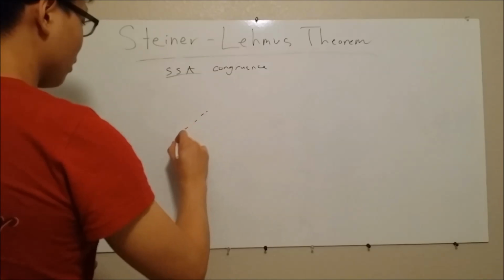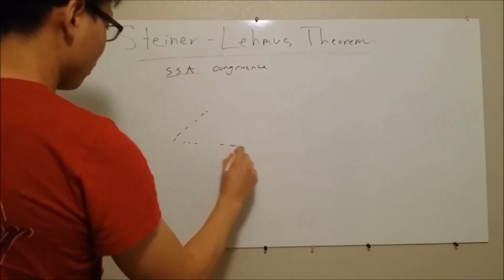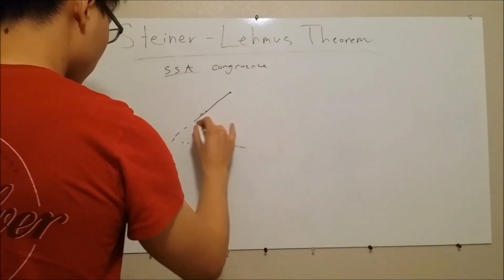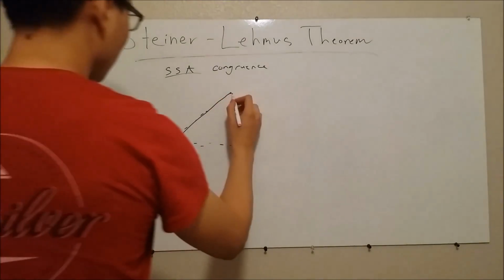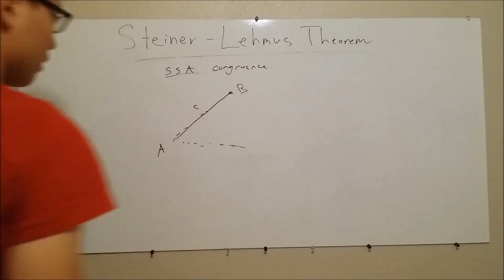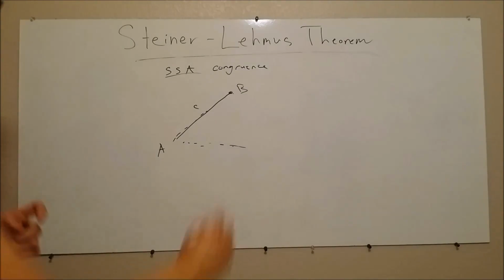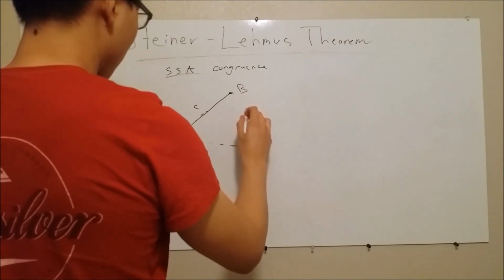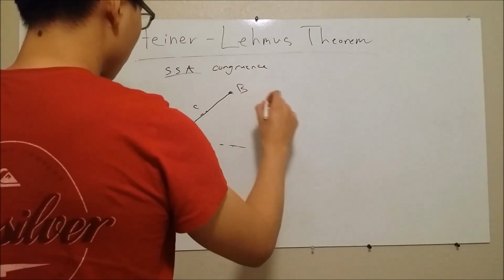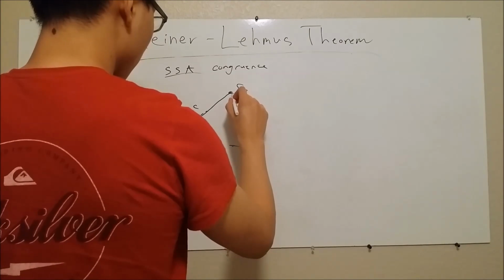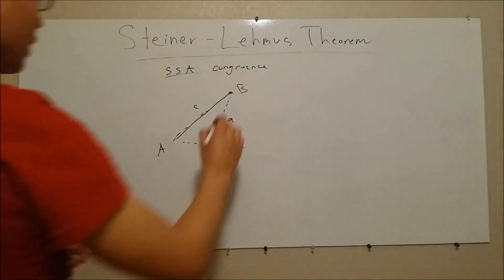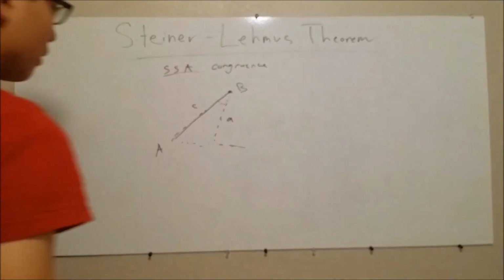So let's say we have an angle like so, right? And we fix a side here, of length C, right? And then we're given another side of length, let's say, A. But here we aren't given the angle. We don't know what the angle here is.